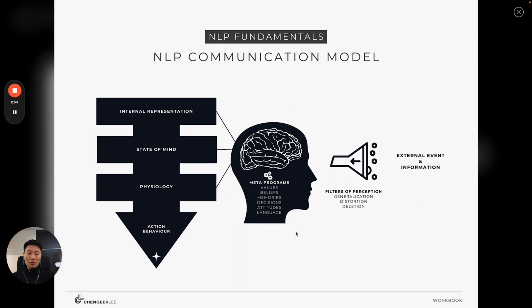So meta programs are your values. We're going to work a lot through this, but they are deeply ingrained beliefs about what's important to you, right? Your other beliefs, some of them can be limiting, and we're going to talk a lot about that. Your memories, your decisions, your different kinds of mental attitudes, and of course language itself, as we talked about. Mother tongue programs you in a very certain way.